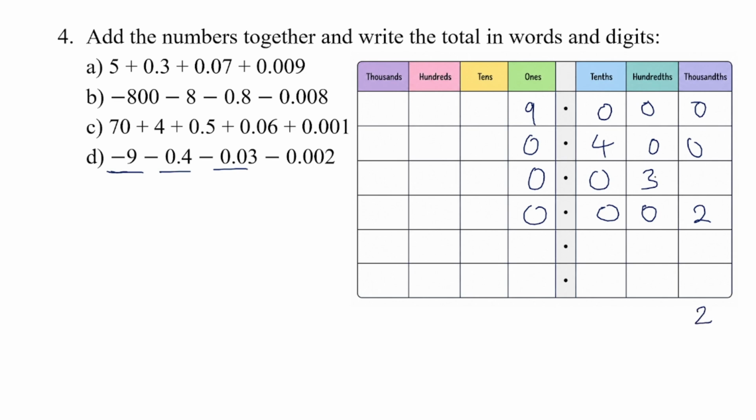Thousands, we get 2. Hundreds, we get 3. Tens, we get 4. Then our decimal point is here. 9 plus 0 plus 0 plus 0 is 9. So this is 9,432. But remember, we're adding negative numbers, so we put a negative here in front. Okay, in words, it's going to be negative 9 and 432 thousandths.